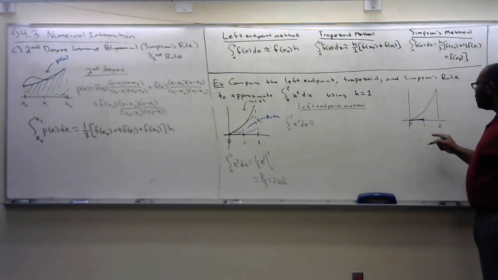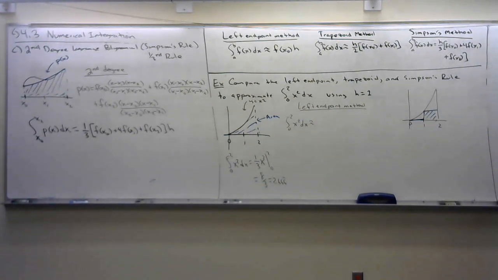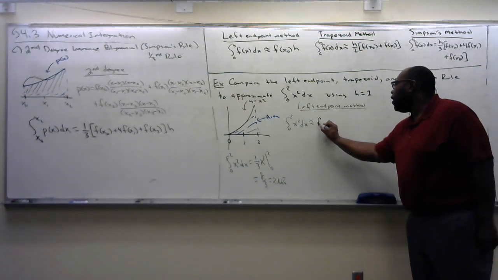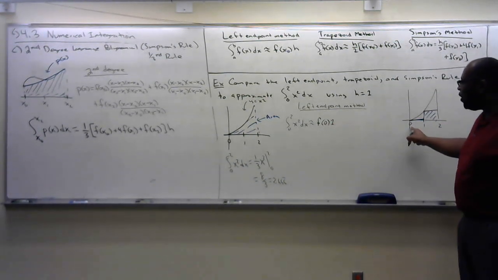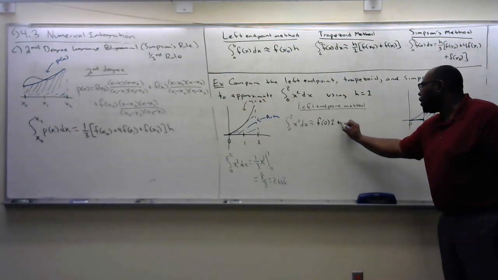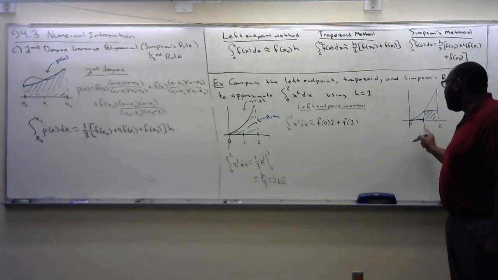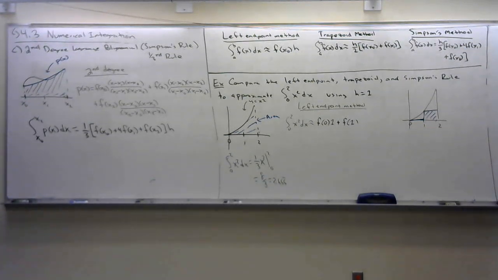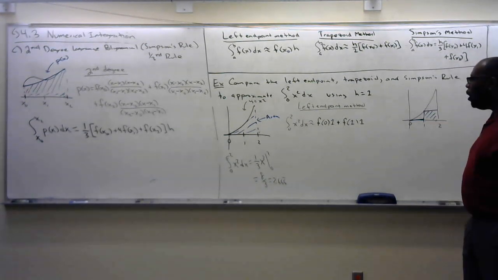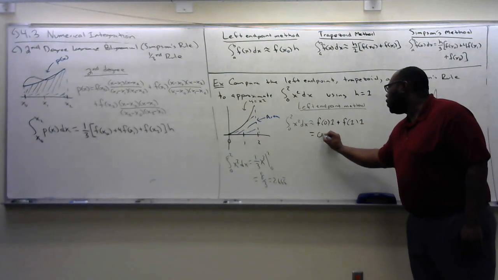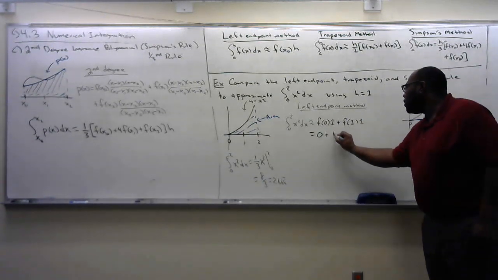And from 1 to 2, my left endpoint is 1, so I have a little rectangle right there. Regardless, I have f of 0 times 1, because f of 0 is my left endpoint times 1, which is my h, plus f of 1, my second left endpoint, times 1. What do we get when we do this? We'll work this out. This is 0 plus 1, so I get 1.